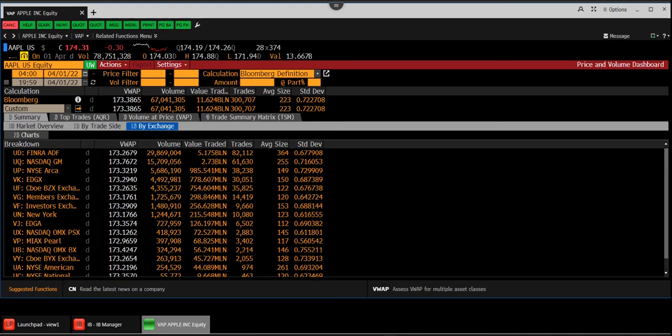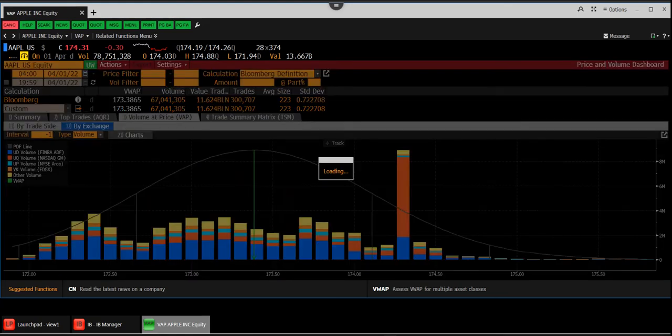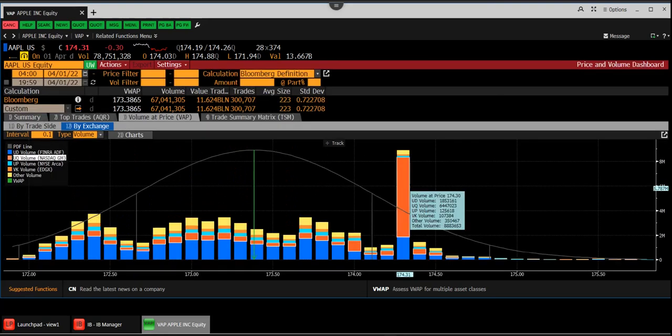So this kind of all dives into analysis, but at the end of the day, it is just another talking point that you can use, but I feel like it's very useful because you're taking a lot of guesswork out of it. When you look at the VAP, for example, if you're an analyst, you could start to question, okay, why is 174 so popular?